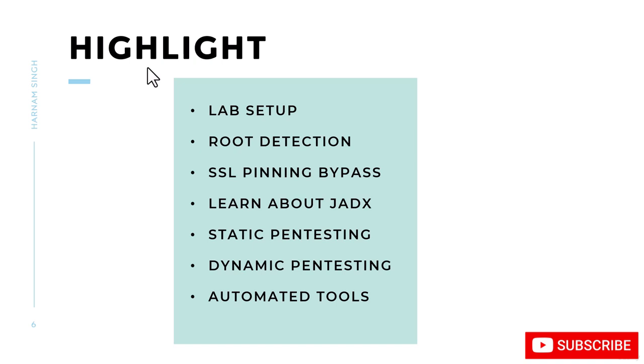We learned how to bypass root detection, how to bypass SSL pinning, and about the JADX tool, then how to find vulnerabilities by using the JADX tool. Then we learned complete static pen testing, and also dynamic pen testing, and some automated tools like the MobSF tool, Nuclei tool, APK leaks tool, different tools in this series.